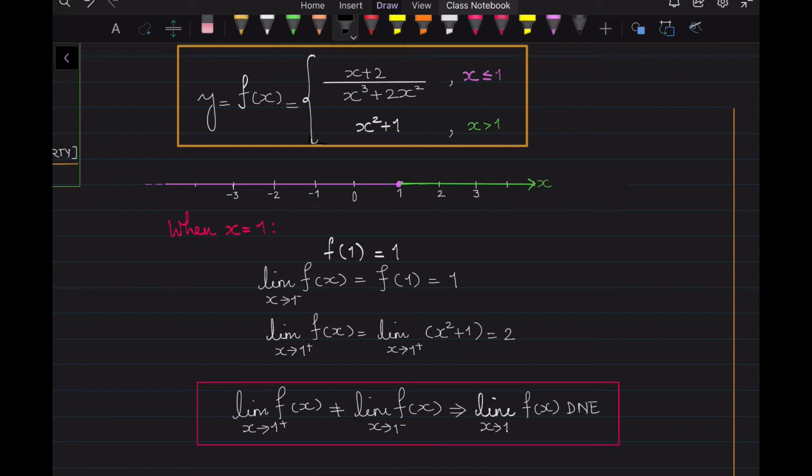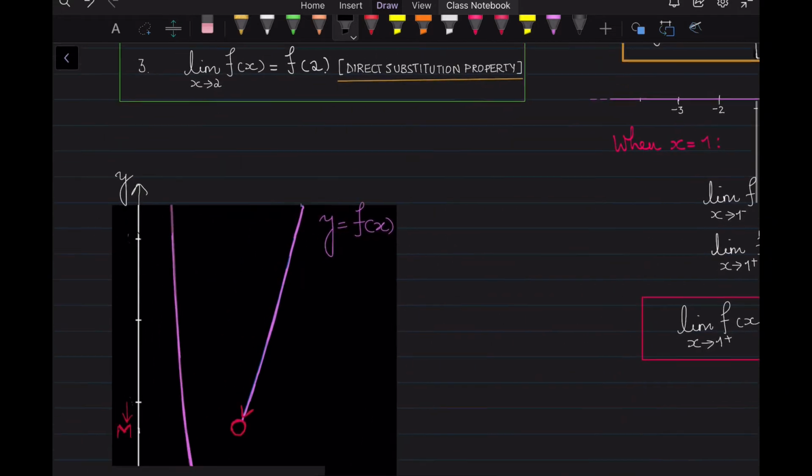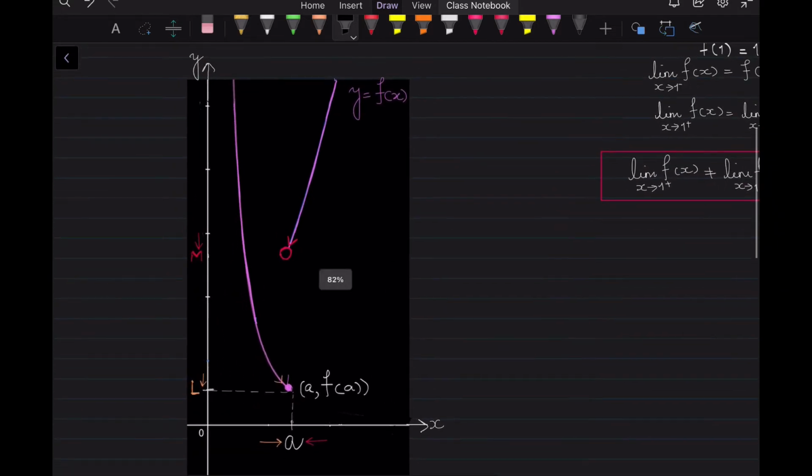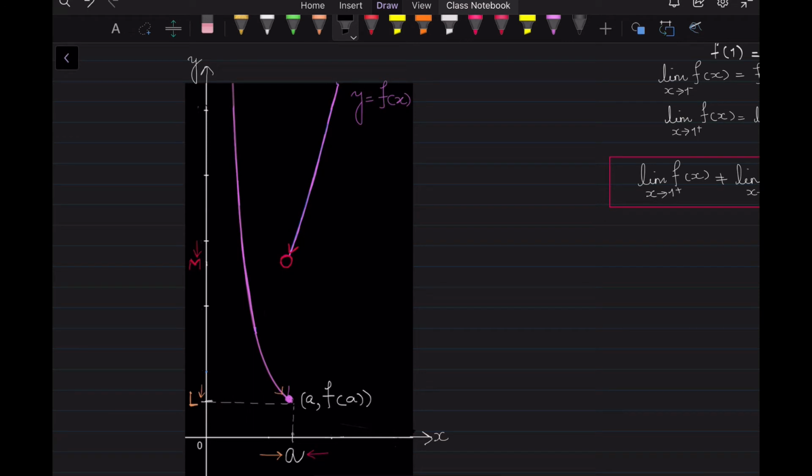Now can we tell what type of discontinuity this function has at x is equal to 1? Recall the scenarios that we discussed in the previous lesson, one of which is right here. You can see for a function f, this function is defined at x is equal to a, and the limit of this function as x approaches a from the left exists, and the limit of this function as x approaches a from the right exists, but they are not equal.